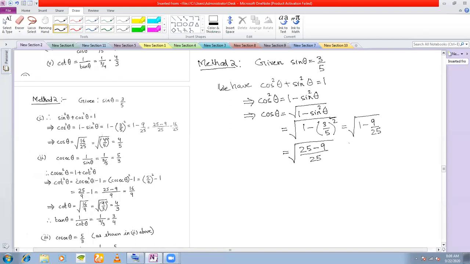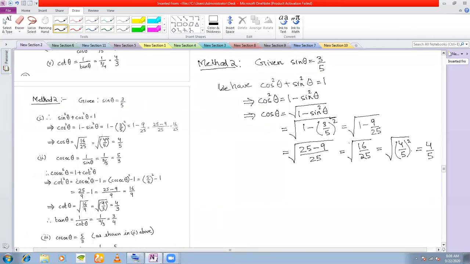If you take the LCM within the radical, you get square root of 16 by 25, which is also equal to square root of 4 by 5 whole square, which is simply equal to 4 by 5.